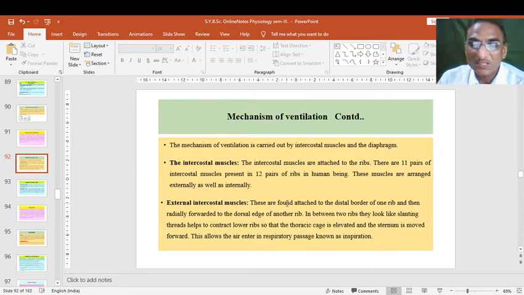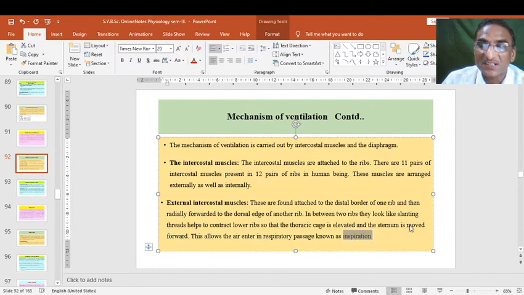In between two ribs they look like slanting threads, and the inclined threads help to contract the lower ribs so that the thoracic cage is elevated and the sternum is moved forward, and this allows the air to enter the respiratory passage, and this is known as inspiration. So expiration and inspiration are the two mechanisms which facilitate ventilation.